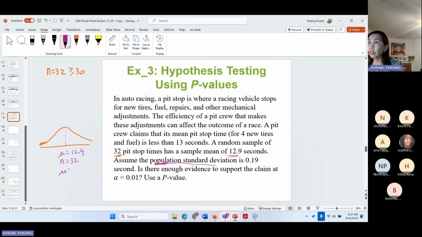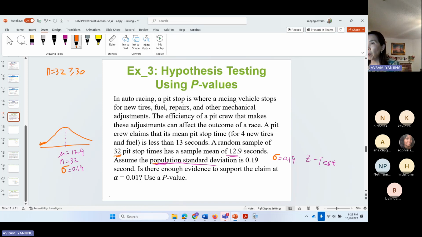Sorry, that's not a mu, that's a sigma. Mu is the mean. Sigma is 0.19.